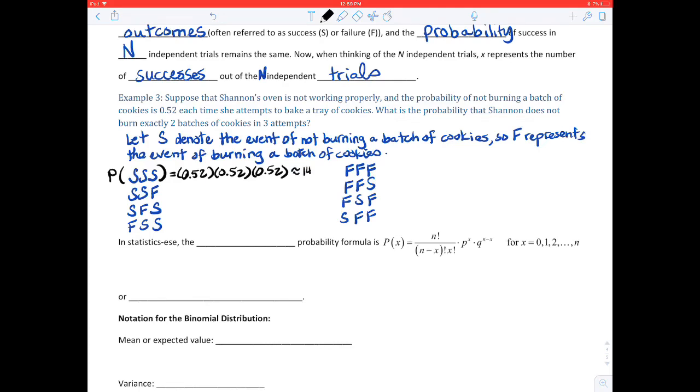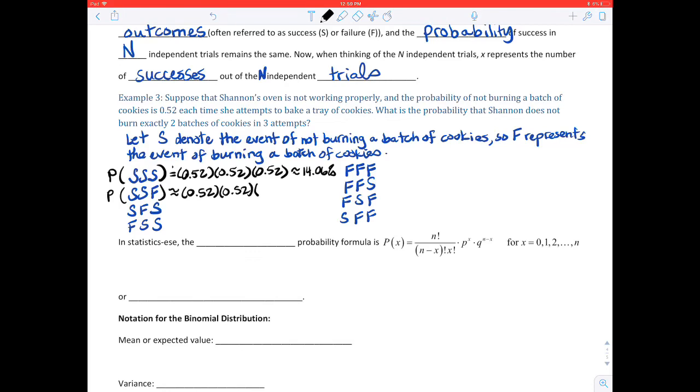14.06%. And then let's check out this next one. This would be approximately good. 0.52 times 0.52 times, what's the other one?